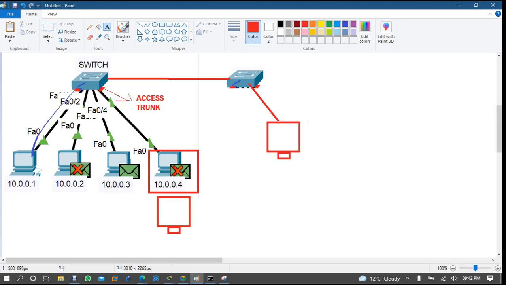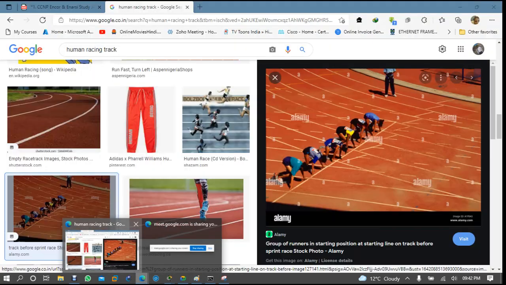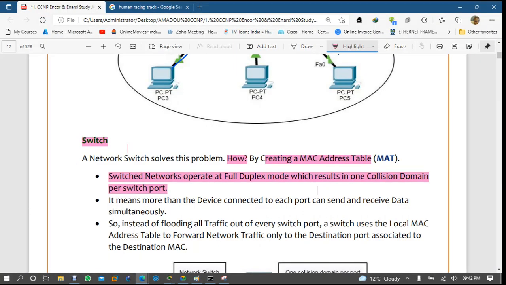But right now the switch only has its default capability of storing MAC addresses. You have not configured anything. That's why the switch is running with its default behavior.